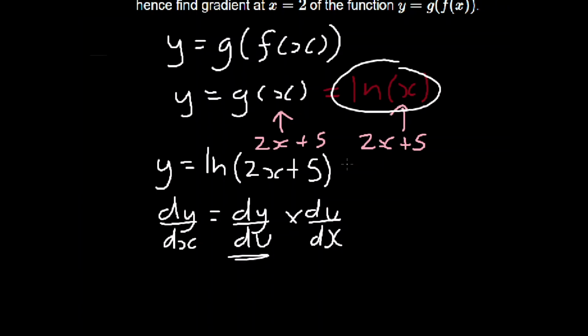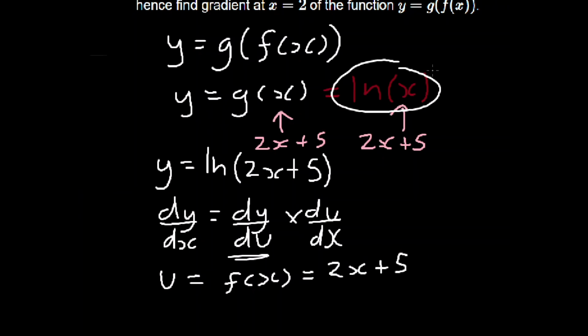And then we go ahead and we differentiate du/dx. So let's just find a substitution here. Let's just say that u is equal to f of x, and that means that it's equal to 2x plus 5.